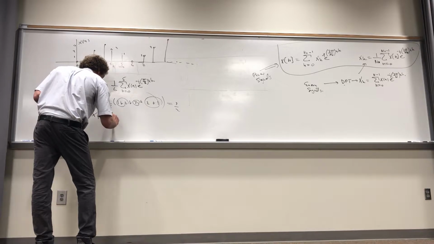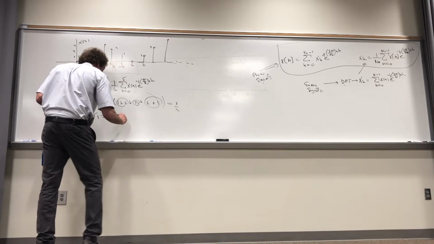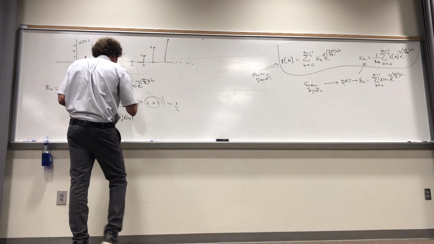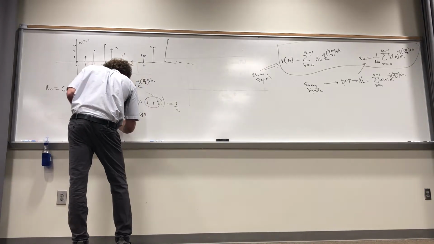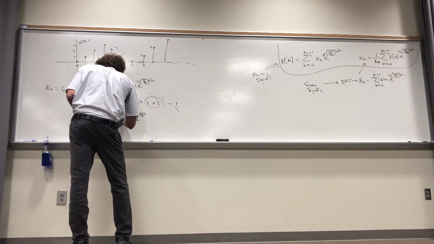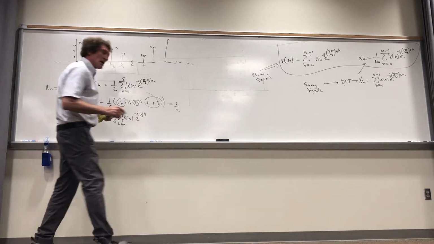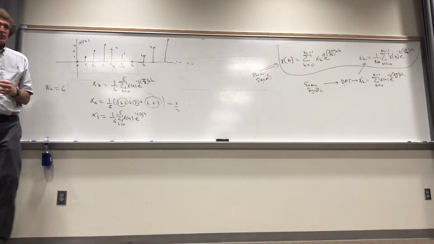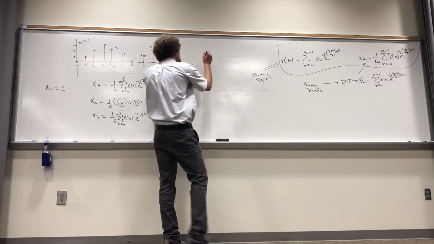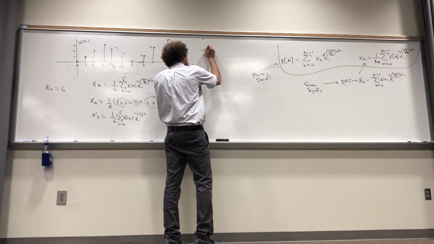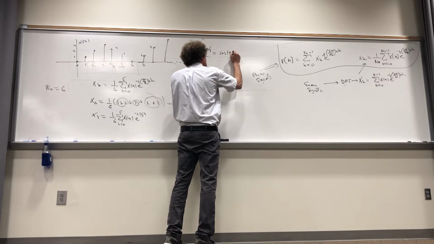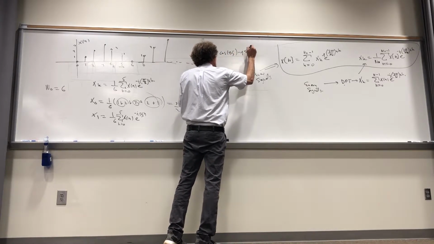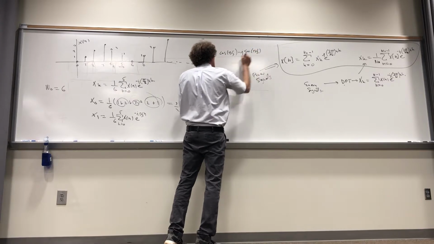Well, now it's going to be 1/6 times the summation of x of n times e to the minus j pi over 3, to the nth power, where n goes from 0 to 5, right? Now, what is e to the minus j pi over 3? That's cosine of pi over 3 minus j sine of pi over 3.